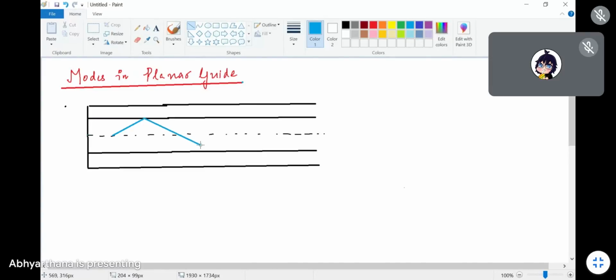From here it gets reflected, then it goes like this, then like this, right? Let me mark the points here. This is one point, the same repetition over here. Let's say this point is A and this point is B. The angle here is your theta, right?